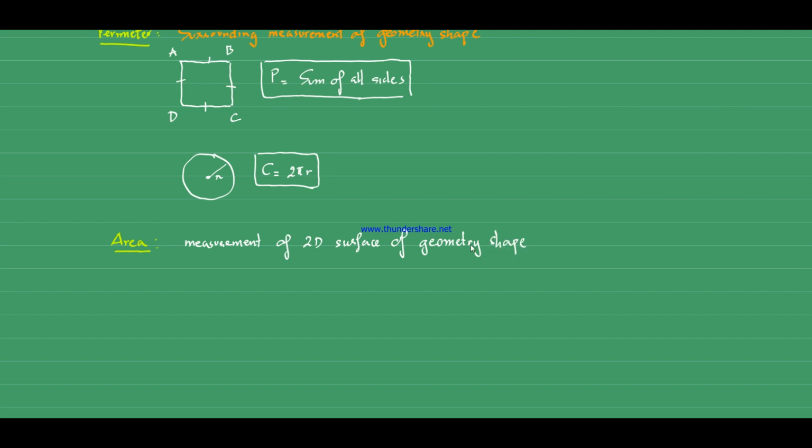And for the area, you must memorize the formulas. In this video we're not going to explain how they got those formulas, and we don't need to derive them. You just need to know how to use the formula. So I'm going to provide some area formulas of the specific geometric shapes we will cover in this video.